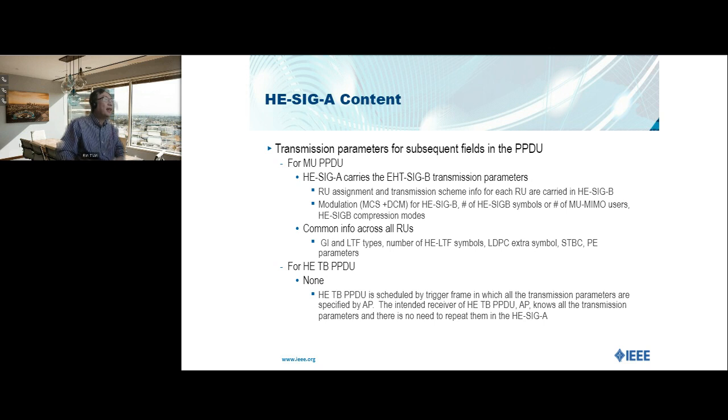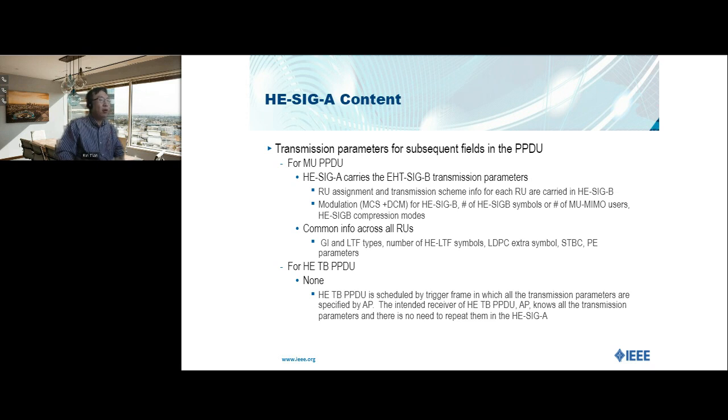For the HE trigger-based PPDU, in fact, it doesn't carry any information about the following fields. It doesn't carry any assignment information, or any transmission field information. Why? Because the HE trigger-based PPDU is scheduled by the trigger frame sent from the AP.